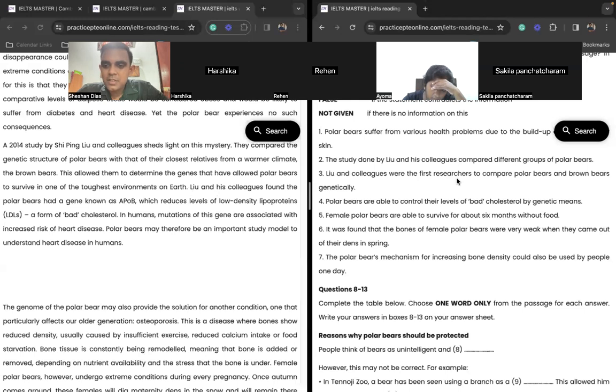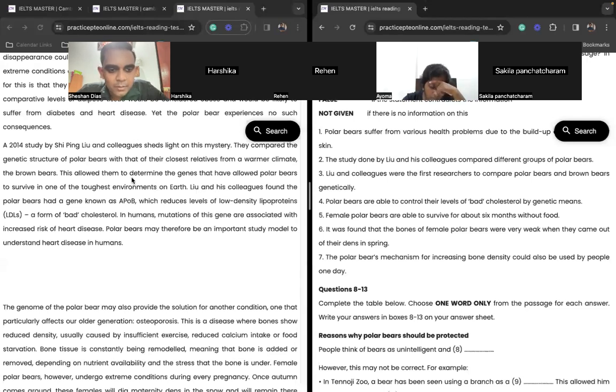This word, first researchers, is not here. They said a 2014 study by Shiping Liu and colleagues shed light on this mystery. We've already read that. But it never said that they were the first researchers. This part is not there in the paragraph. Therefore, the answer is not given.